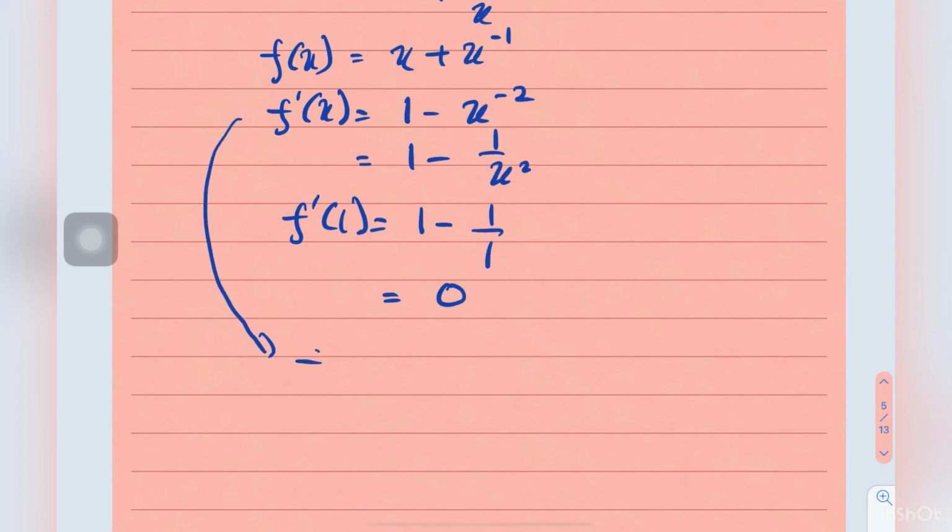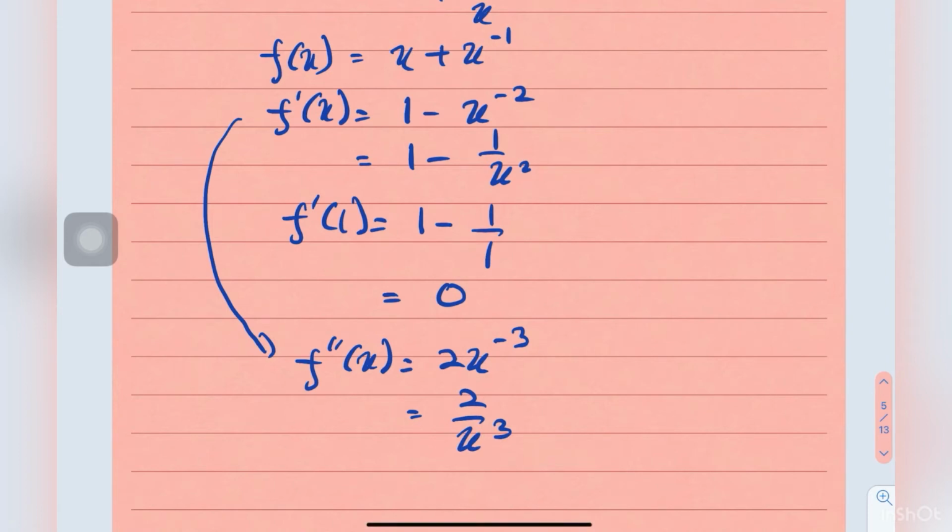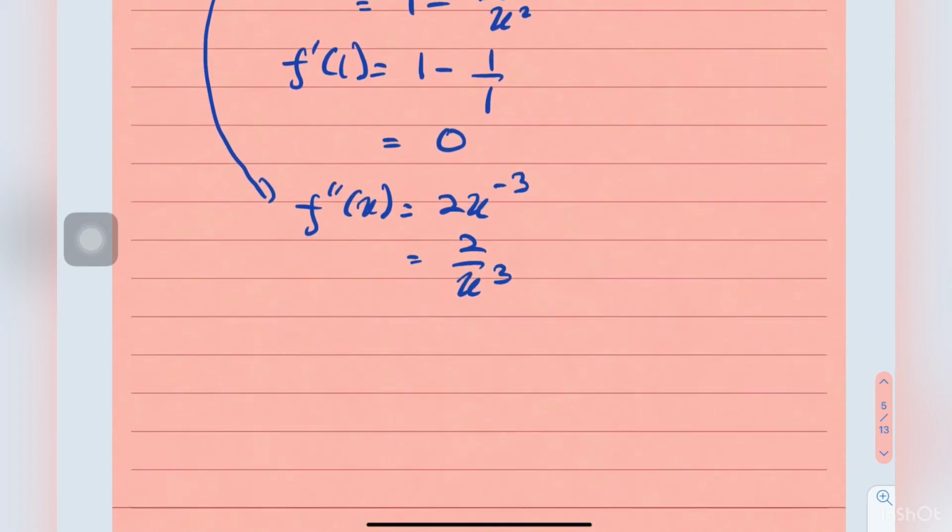For f double prime x, the second derivative, I have 2x power of negative 3, so 2 over x cubed. When x equals 1, f double prime 1 equals 2 over 1 cube, which equals 2.